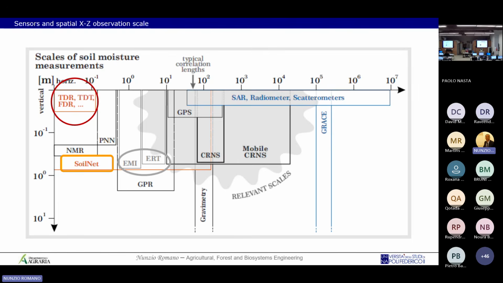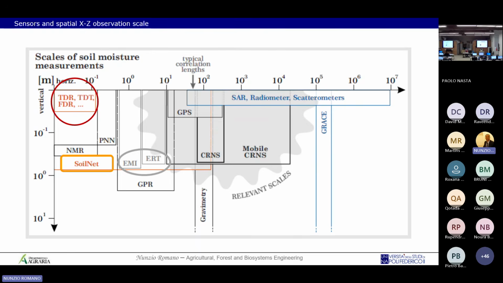And then usually you can involve some other scientists, for example people that have experience and expertise in geophysical surveys, for example electrical resistivity tomography.